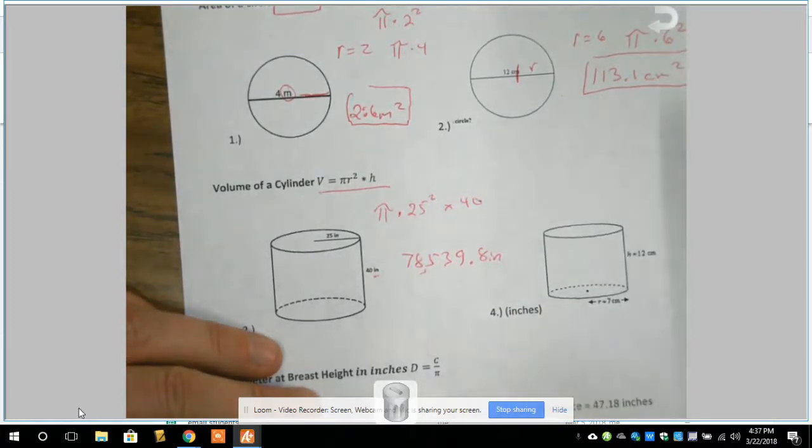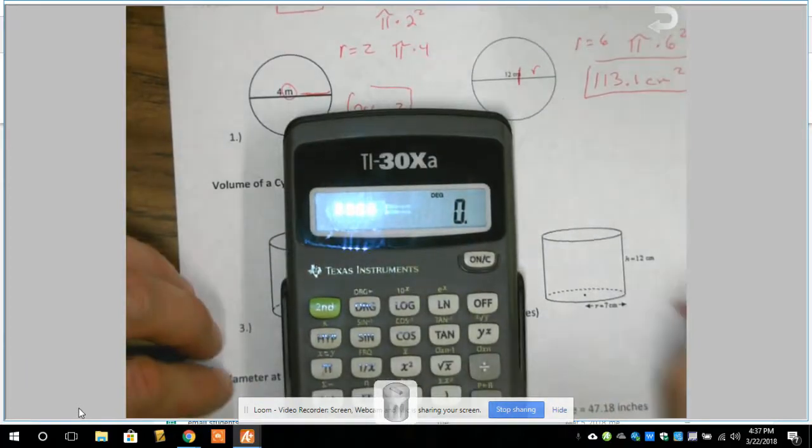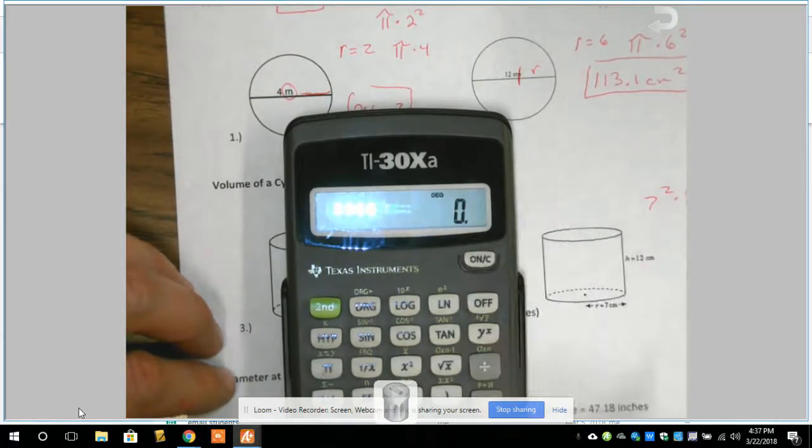Okay, so this one over here, same thing. The radius is 7. So I'm going to do 7 squared times pi times the height, which is 12. I do 7 squared times pi equals, that times 12 equals.